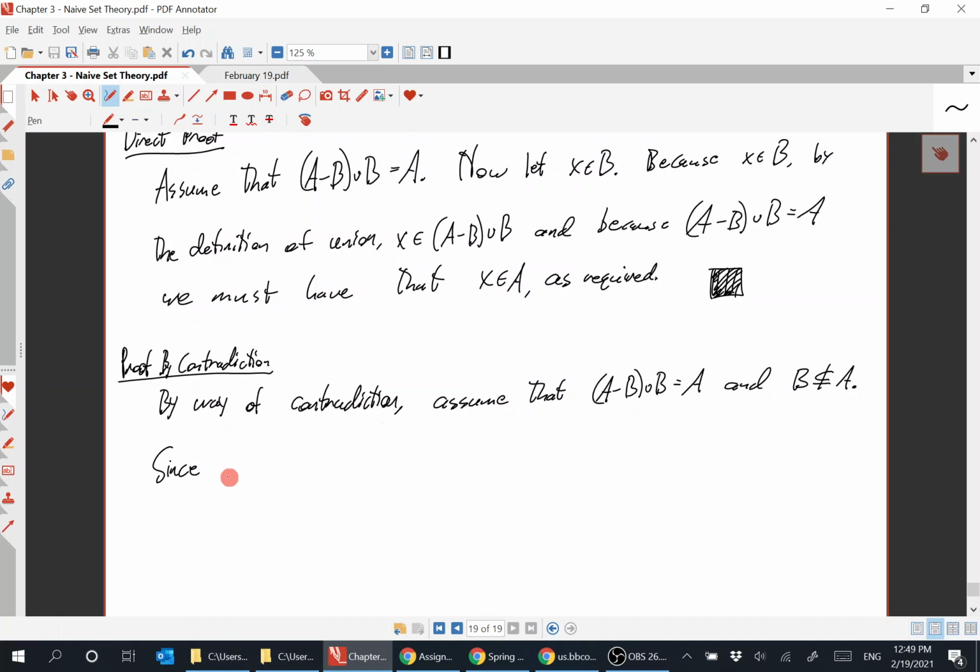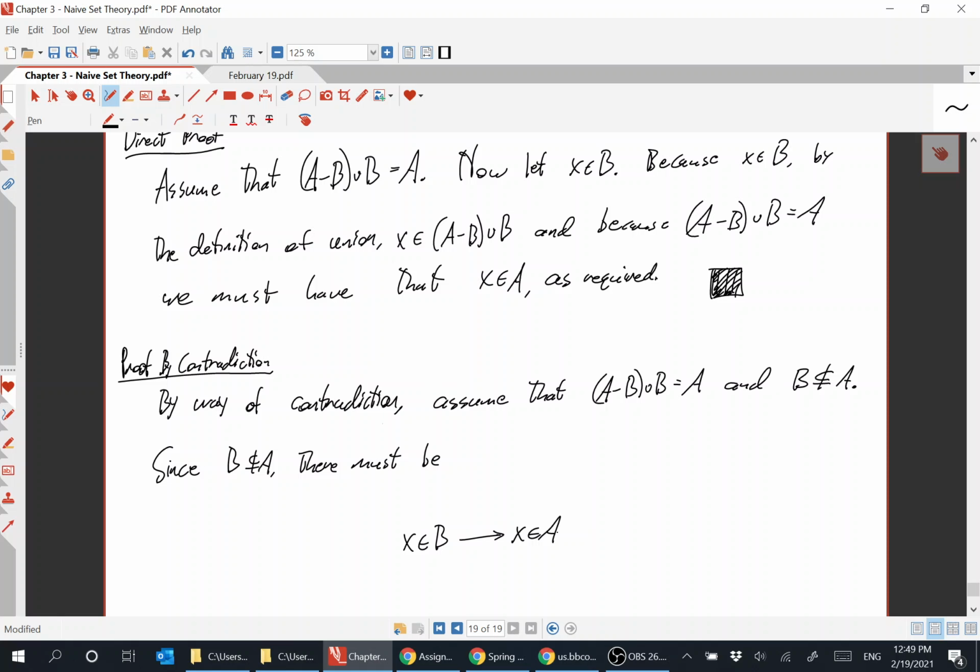All right, since B is not a subset of A, there must be what? What does it mean for B to be a subset of A? X an element of B implies X is an element of A. So in order for B to not be a subset of A, you've got to have the hypothesis true and the conclusion false.